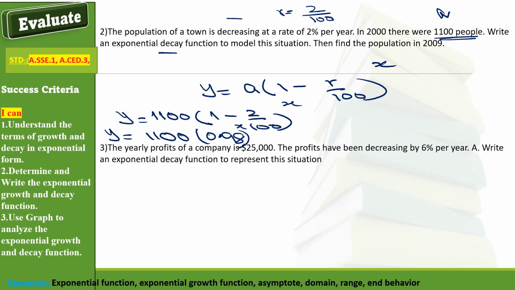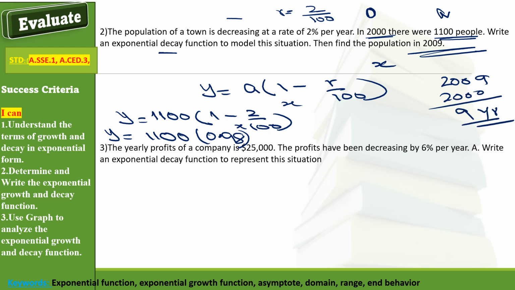Now I have to replace x by 9. Why 9? Because 2000, the population which we are calculating from, is the 0 year. And in 2009, 2009 minus 2000, I will get 9 years. So I have to find out the value of the population that is decreasing in these 9 years.